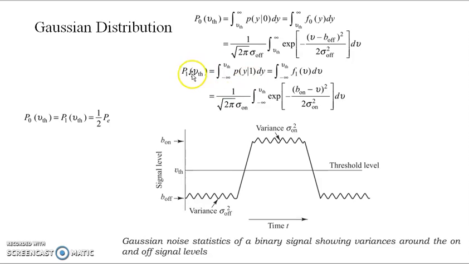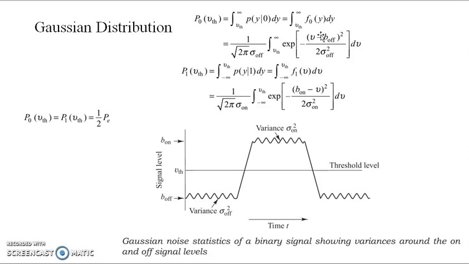So we have P1 of VTH, integrating from minus infinity to VTH, with the equations F1 of V and F0 of V. What is that F? It is the probability density function for the 0 and 1, which depends on the signal, the noise variance and the mean value within a given period. That's how we find the probability there.